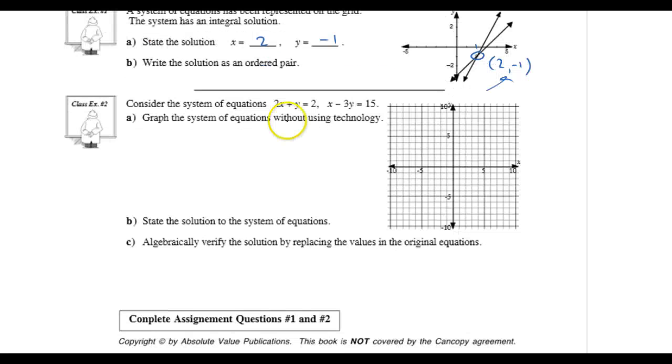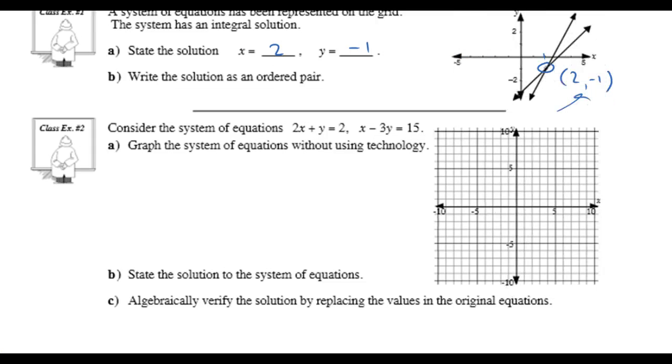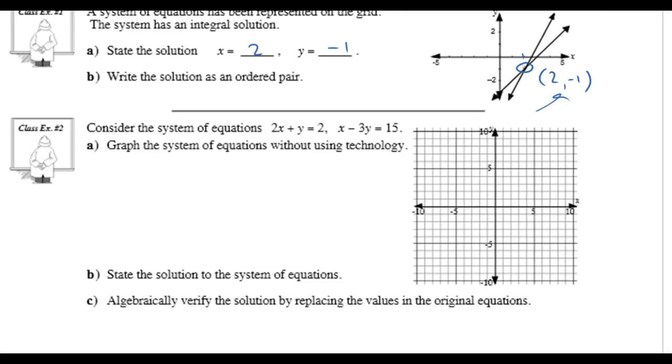Consider the system of equations 2x plus y equals 2 and x minus 3y equals 15. Graph the system without technology. In order to graph this, going back to the last unit, I'm just going to rearrange these into y equals form.